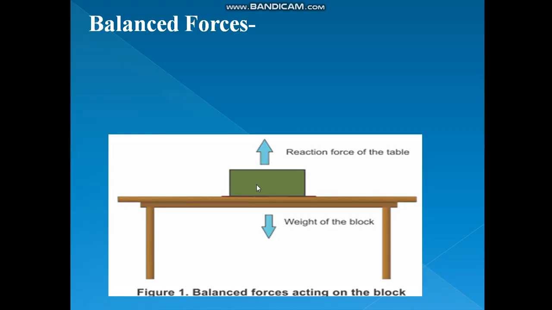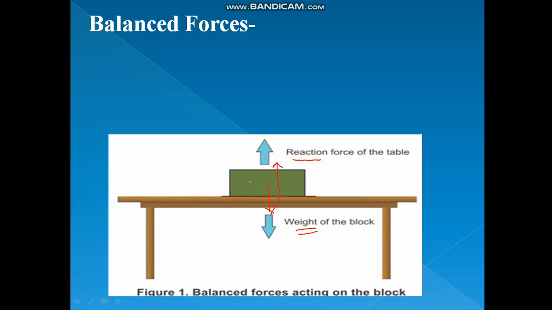Now see, can you see this block on the table? You already know that there is a downward force acting, which is going to be the weight of the block, and there is an upward force exerted by the table on the block, which is the reaction.